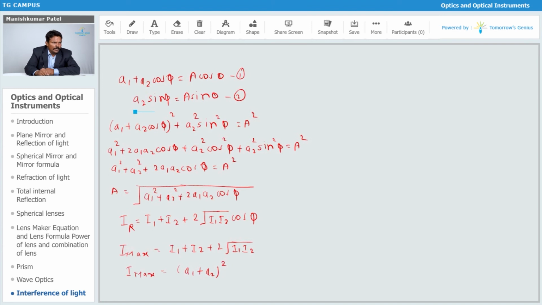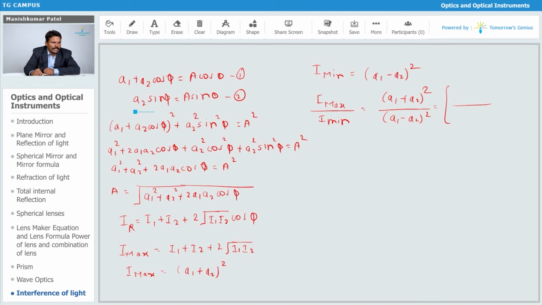And similarly you can find I minimum, that is for phi equal to 180 degrees. That is (A1 minus A2) whole square. So you can take the ratio of I max upon I minimum. This is (A1 plus A2) whole square upon (A1 minus A2) whole square. Either you can take any one of them common.